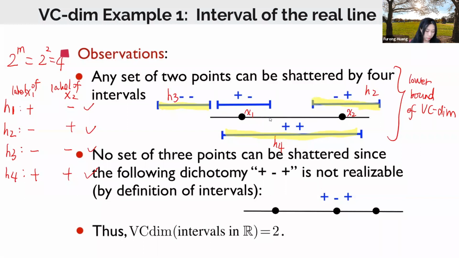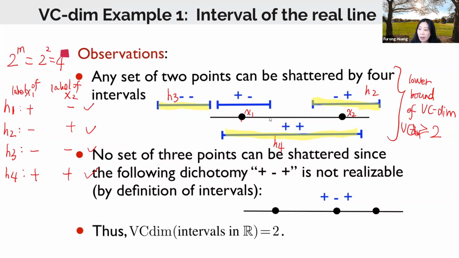Because we find such a data set, such a sample, which is these 2 dots, where m equals 2, we know that the VC dimension of intervals on the real line is going to be lower bounded by 2.